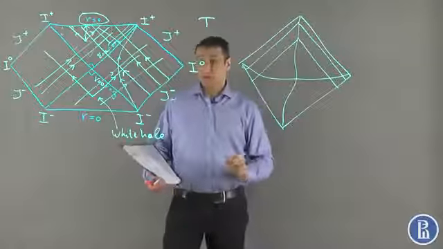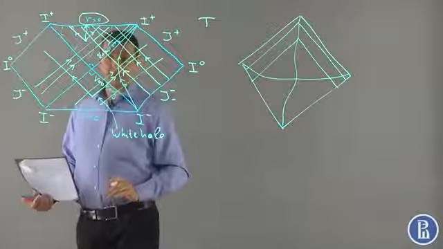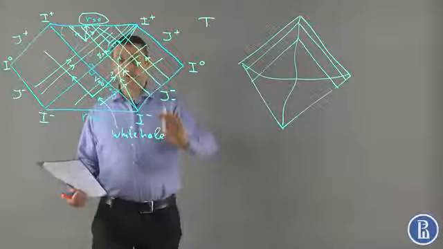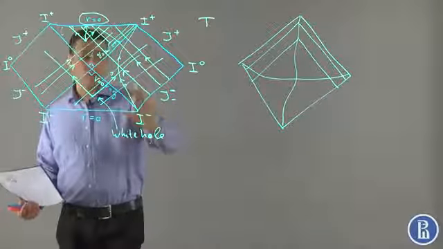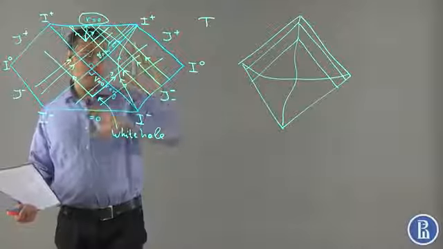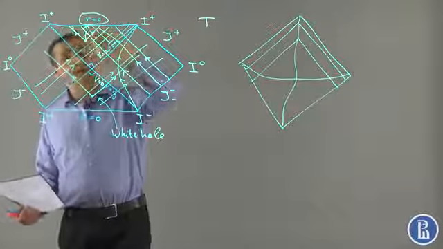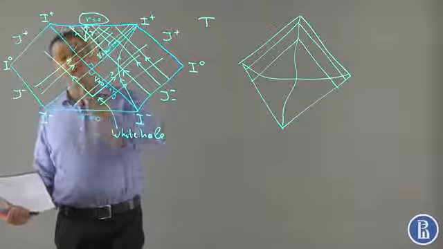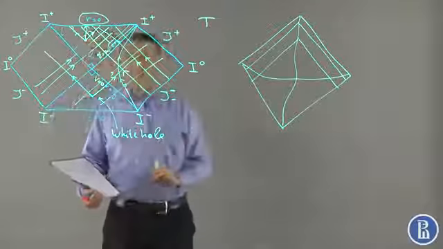But we have some kind of doubling. We have a black hole, and on top of that an exterior region to the black hole. We have the interior region of the black hole, and we also have the interior region of a white hole and the exterior region to the white hole.